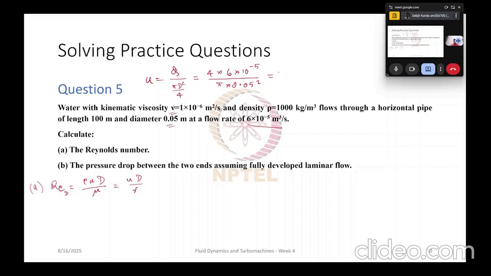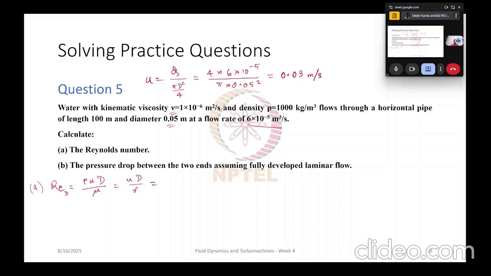So what we get ultimately is 0.03 something. So I'll just keep 0.03 meters per second being the velocity.